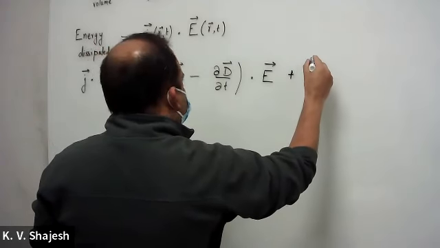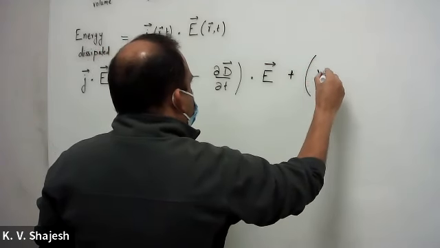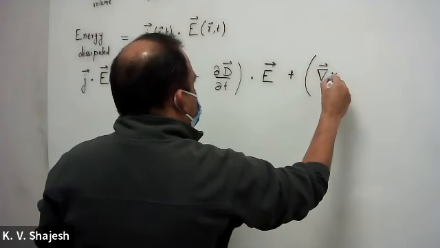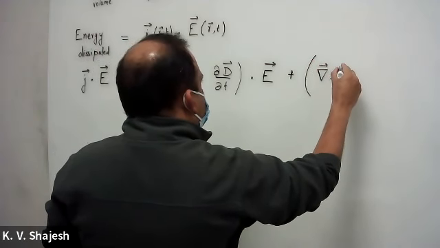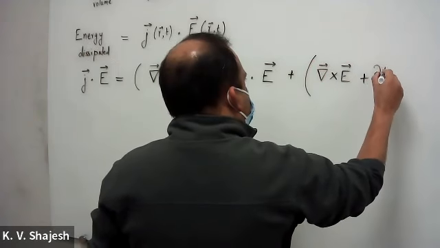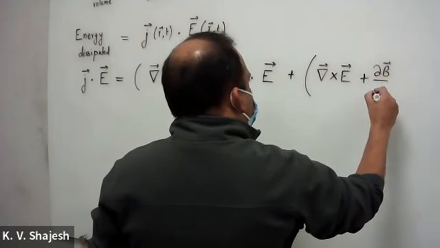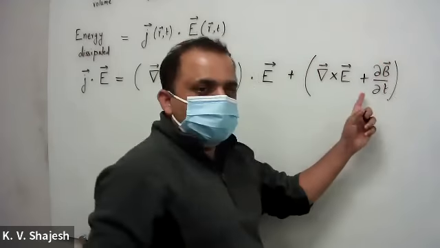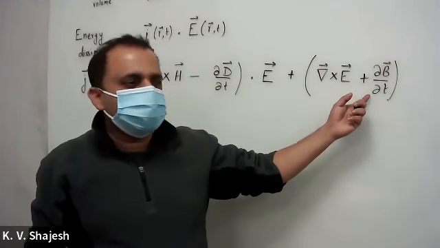Let me add, right? This is equal to del cross E plus dB by dt. What is that equal to? That's 0, right? So I can always do that.